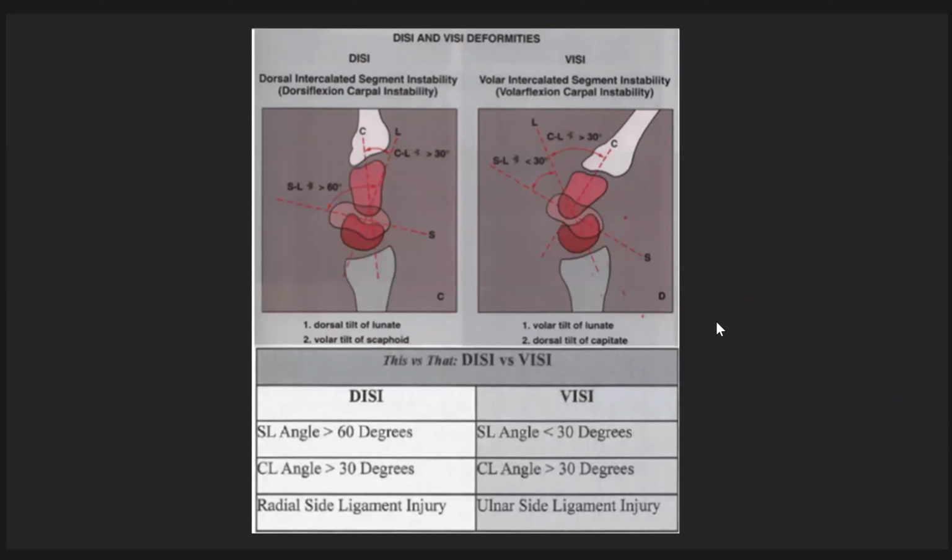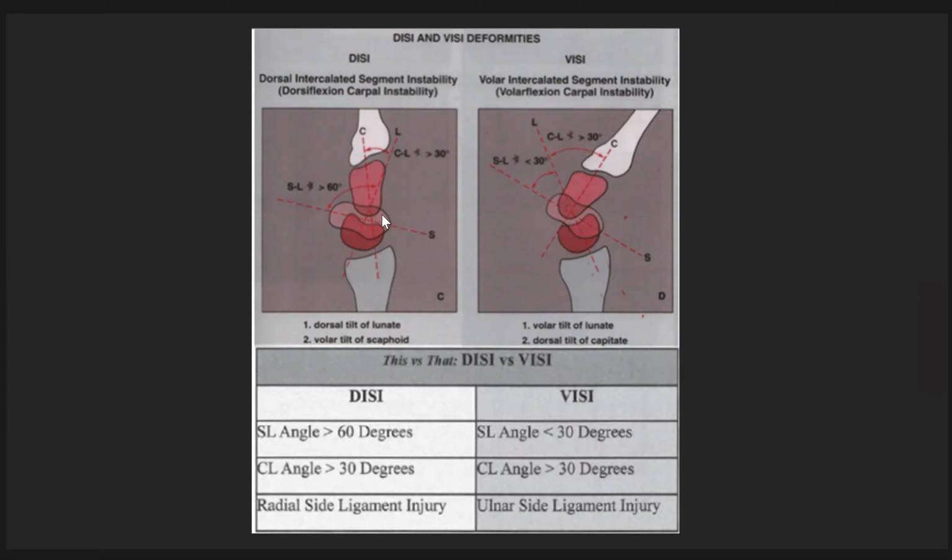In summary, DISI is dorsal intercalated segment instability, or dorsiflexion carpal instability. In VISI, it is volar intercalated segment instability, or volar flexion carpal instability.